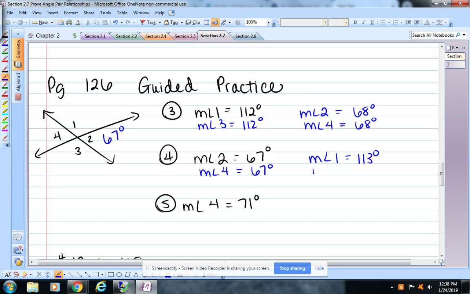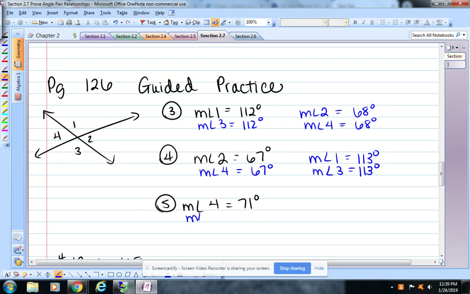And the measure of angle 3, since it's a vertical angle with angle 1, would also be 113 degrees. So linear pairs are supplementary. That means together they sum to be 180. Vertical angles are congruent.